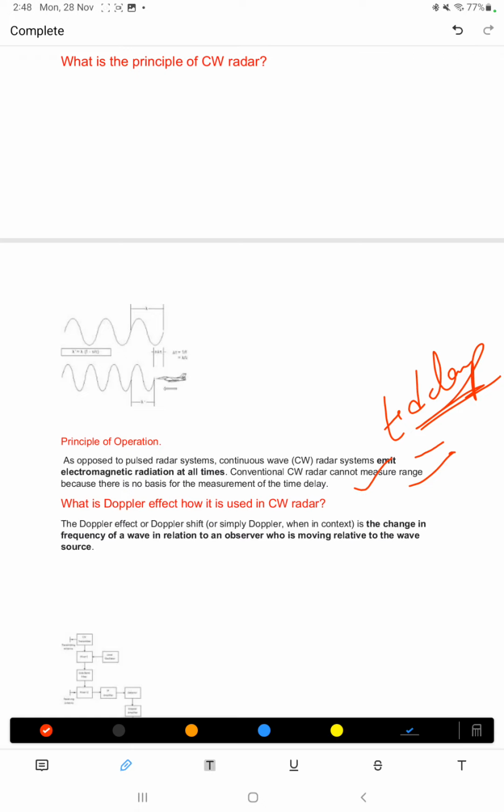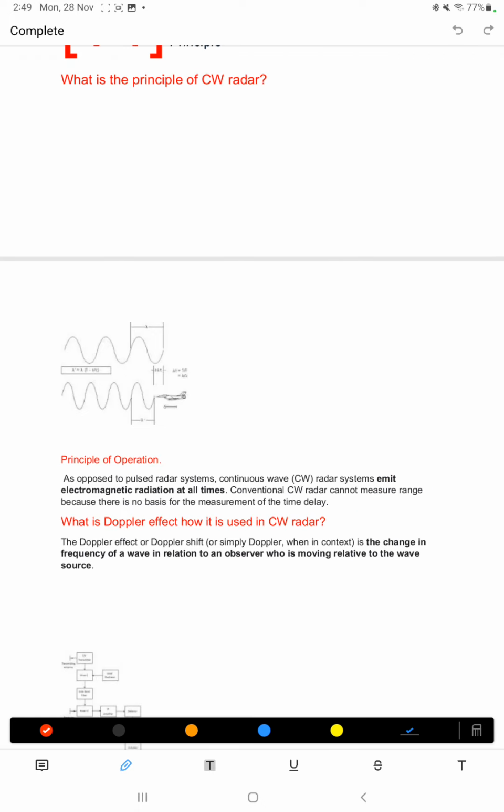So the Doppler effect is used in continuous wave radar for finding the range. Let us see how. See here, this is a continuous electromagnetic radiation. Here some delay is there, isn't it?